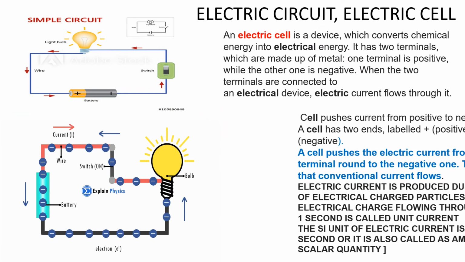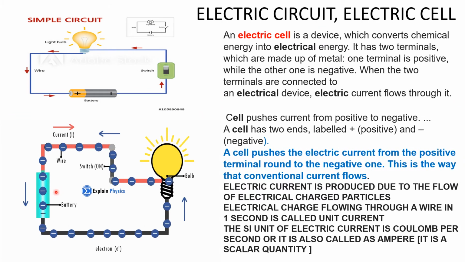Now that we know how electric current is made to move through a wire, how is it produced? Electric current is produced due to the flow of electrical charges, or you can say charged particles. A source is required to produce a uniform flow of charges in a circuit.